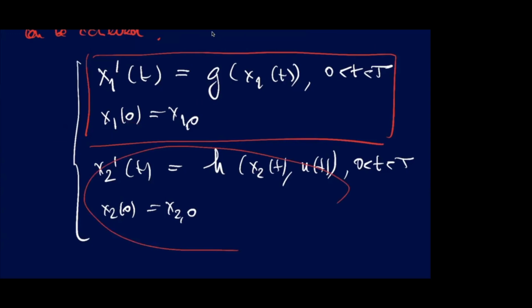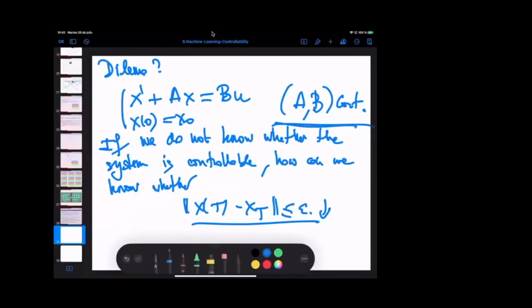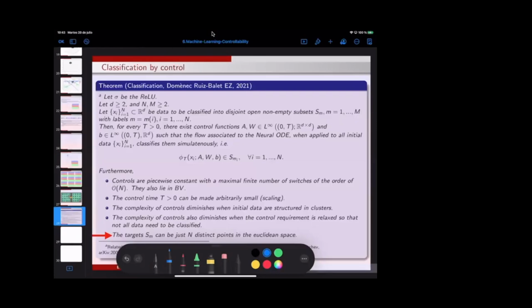So this understanding of whether the system is controllable or not is important. And precisely what we have done with this fundamental result, the one we proved with Dominic, is to guarantee that, in the context of neural ODEs, because of the very properties of the sigmoid function, you have this controllability property. It's magic.